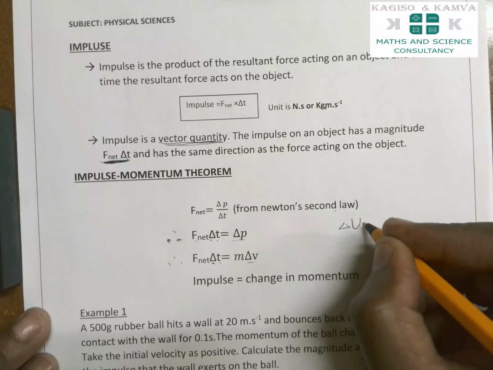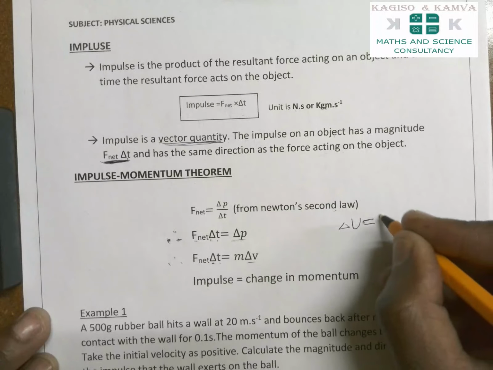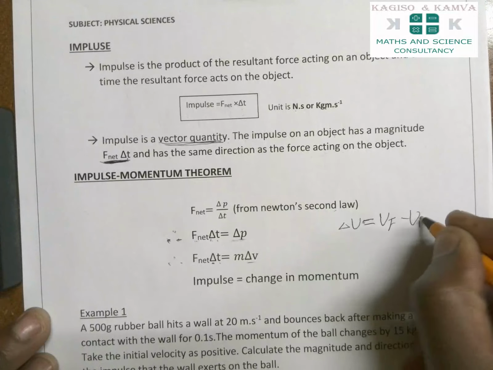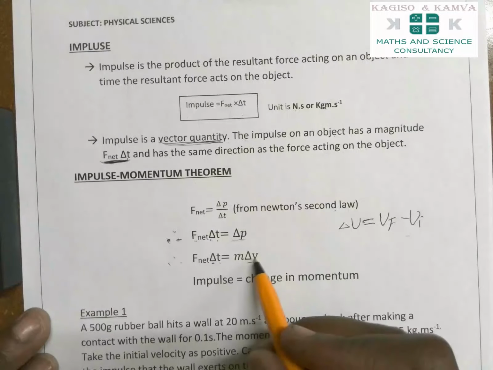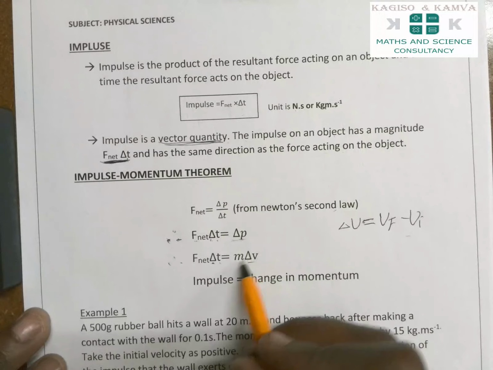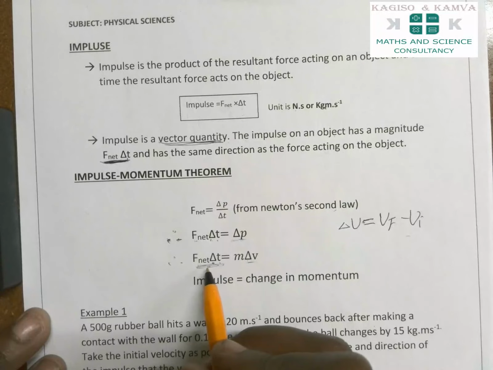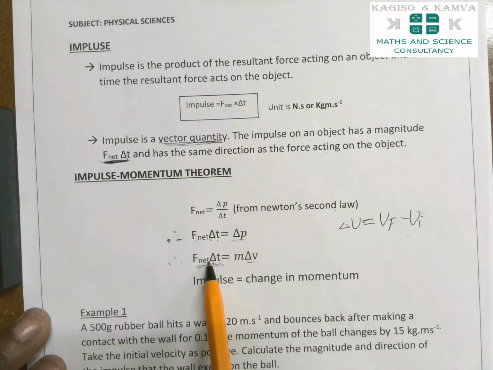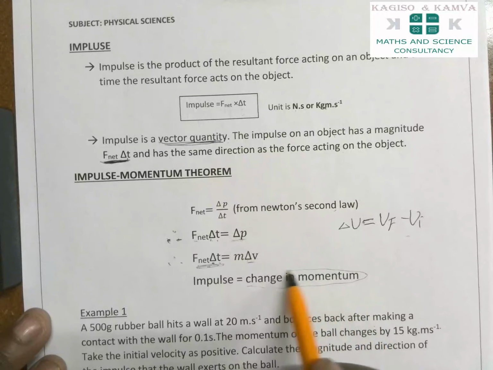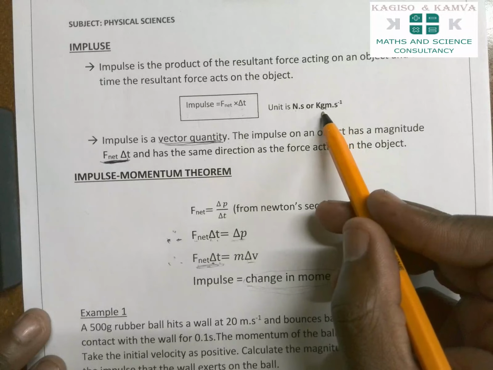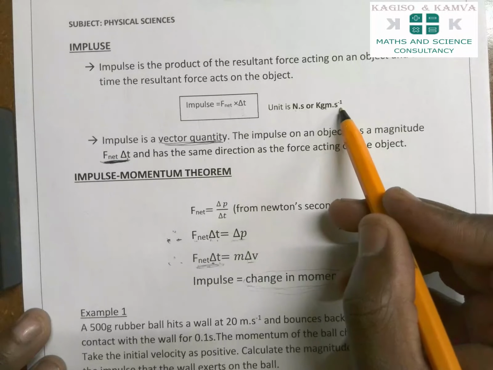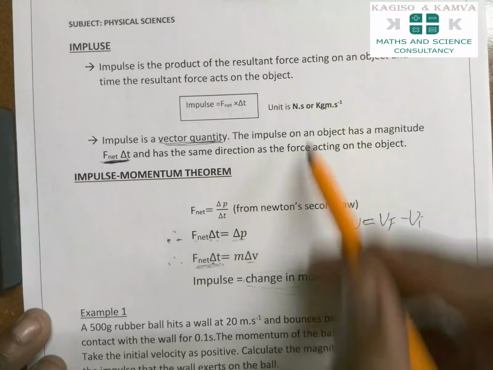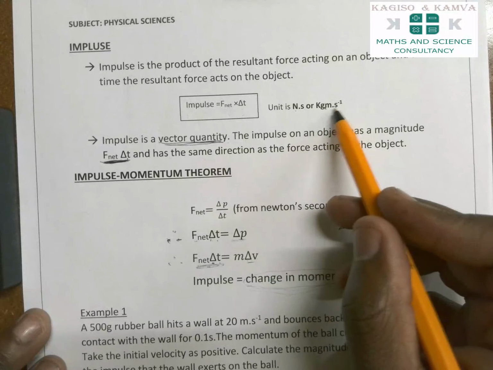So this is the impulse. The impulse is equal to the change in momentum. But what are the units for the change in momentum? It is kg meter per second. So the other unit for the impulse can be kg meter per second.